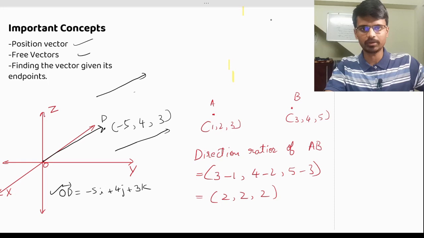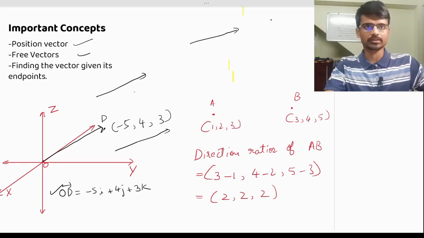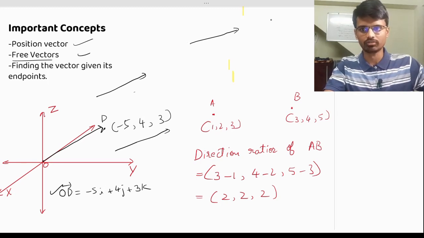I can keep it anywhere I want. So I can move those vectors. That is called a free vector. This idea is very important. The entire chapter is based on this idea of free vectors. Any vector can be moved along any of the parallel lines, keeping its direction and magnitude the same.